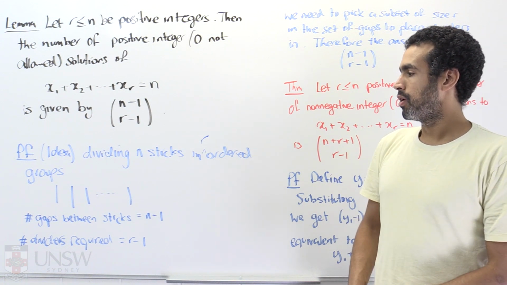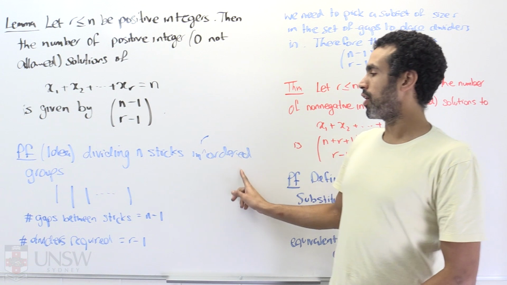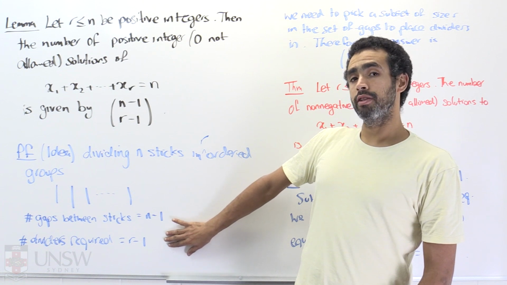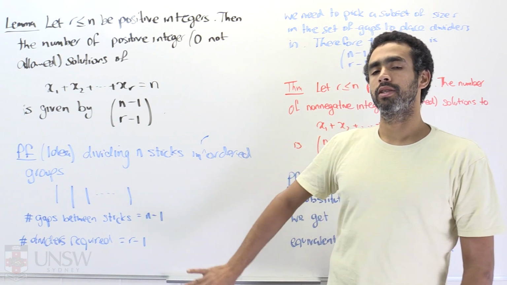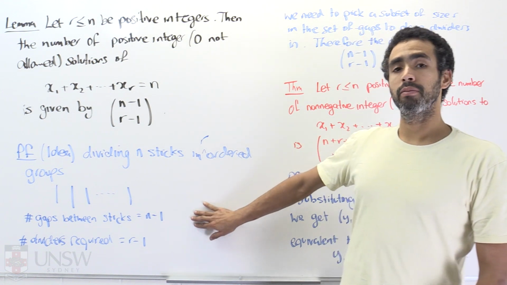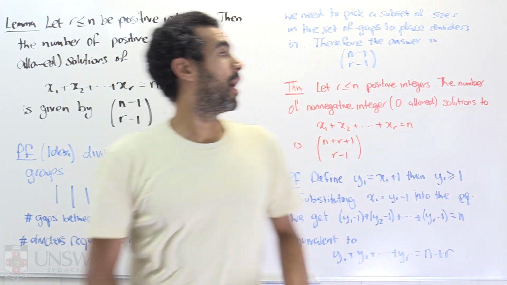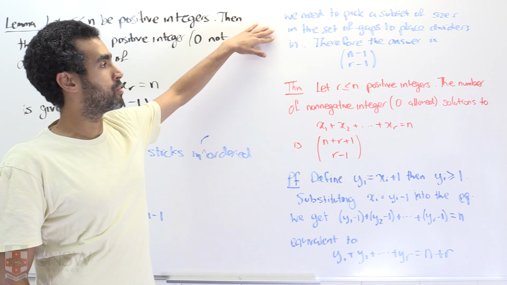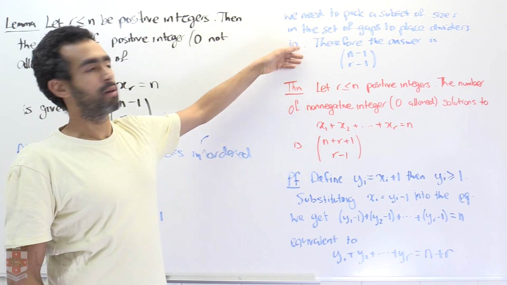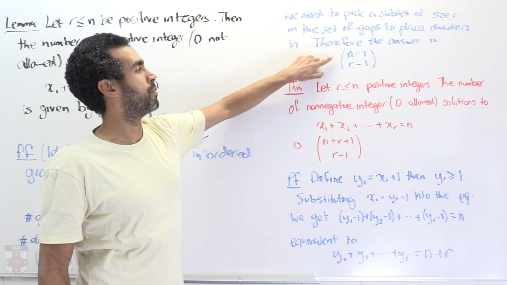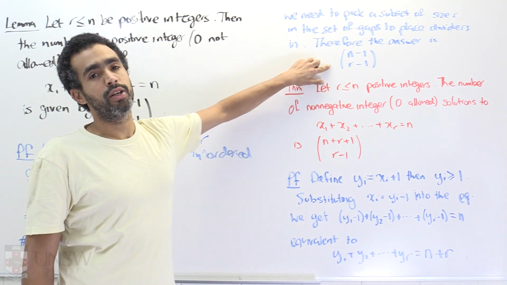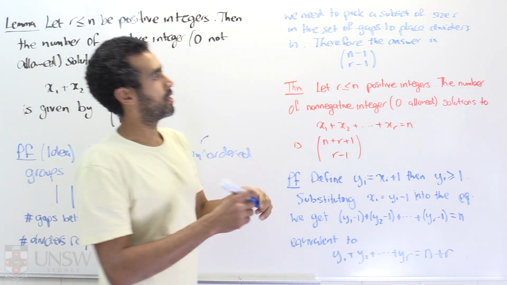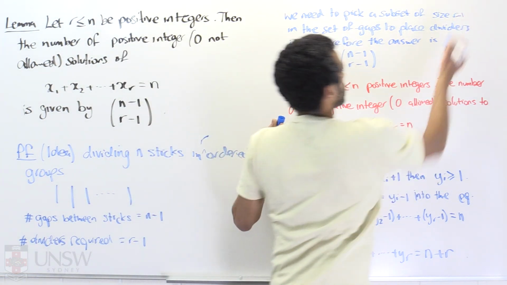If we were to divide n sticks into r ordered groups, it's a bit like putting r minus 1 dividers into the n minus 1 gaps between the sticks. Therefore, we need to pick a subset of size r minus 1 from the set of gaps to place the dividers in, and the answer becomes n minus 1 choose r minus 1. N minus 1 is the number of gaps, and r minus 1 is the number of dividers we need to place into them.